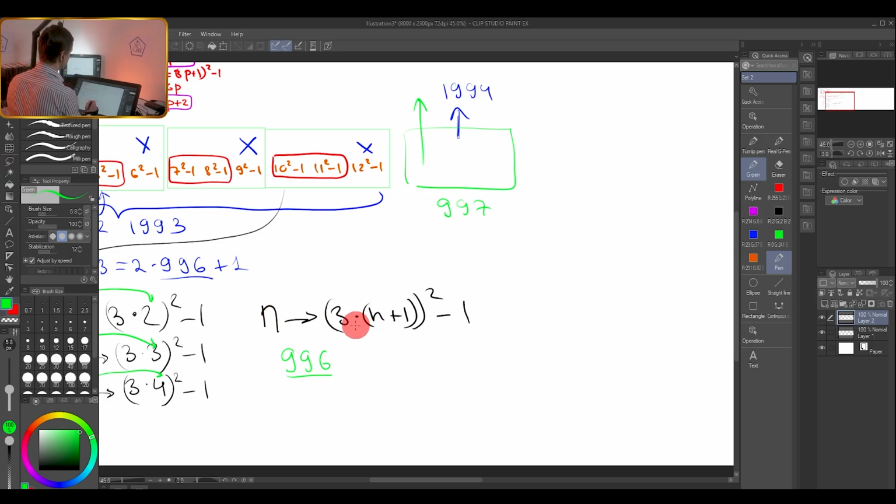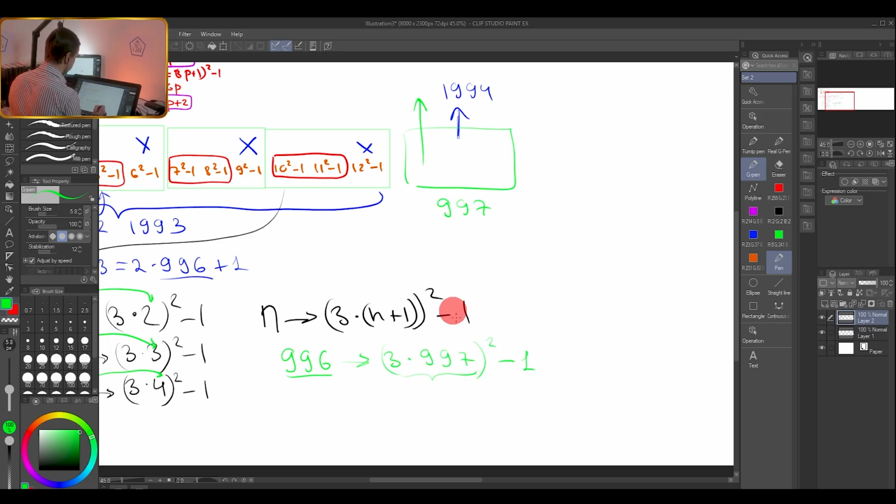Well, let's substitute. Instead of n, we substitute 996, and we will get 3 times 997, all of that squared, and minus 1. And the next term here, what would it be? Well, we go on the terms like this: square of the number minus 1, and then square of the next number minus 1.